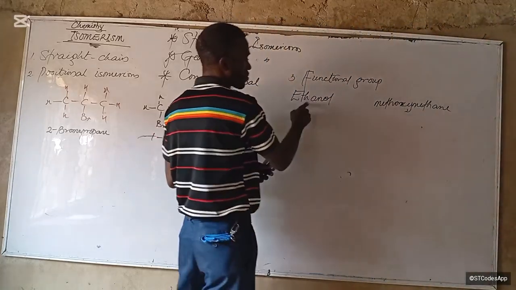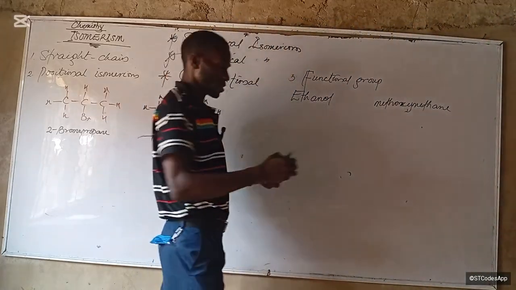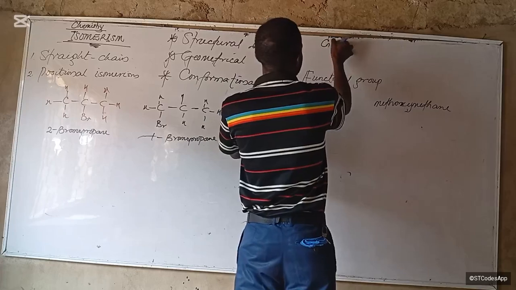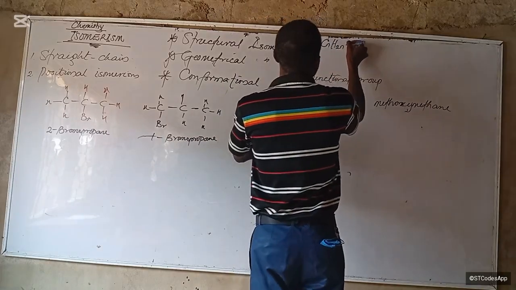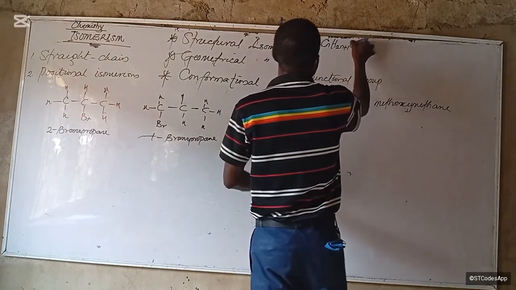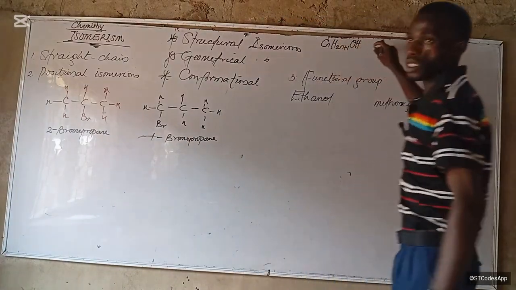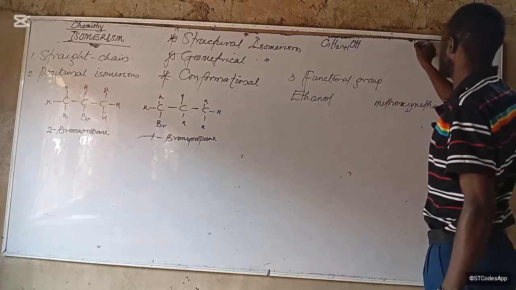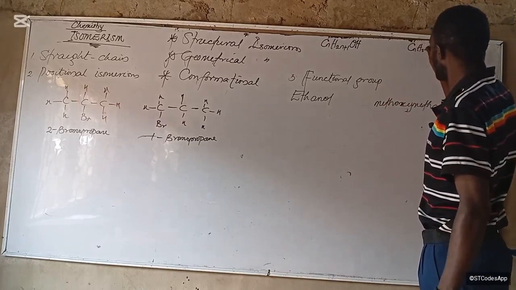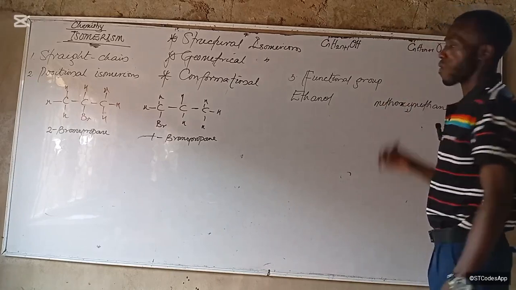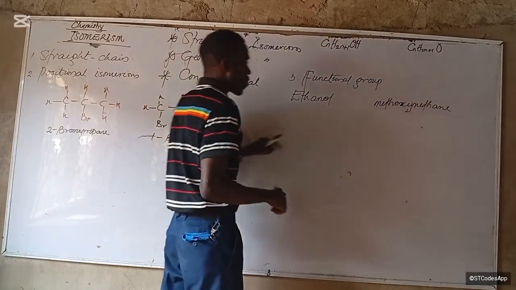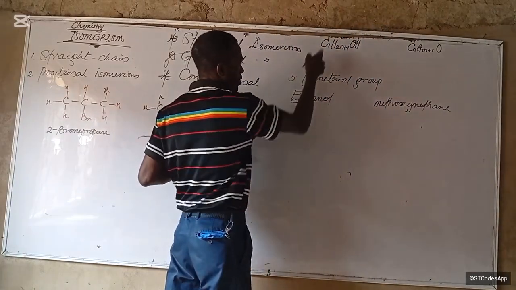What's the general formula of this? The general formula of alcohol is CnH2n+1OH. And the general formula of this guy is CnH2n+1O. So for ethanol, n is 2.